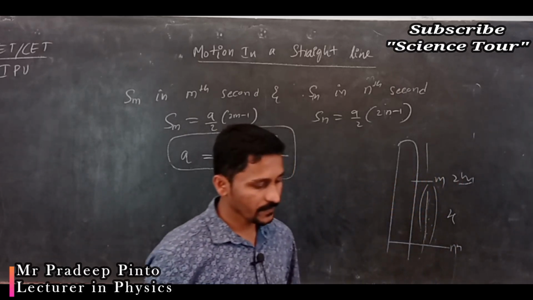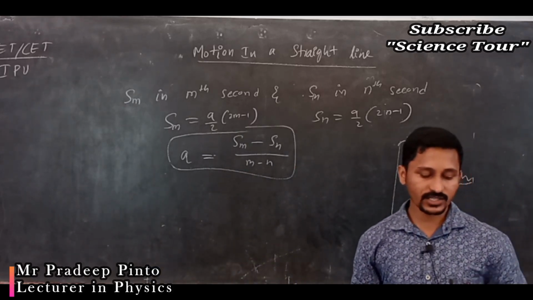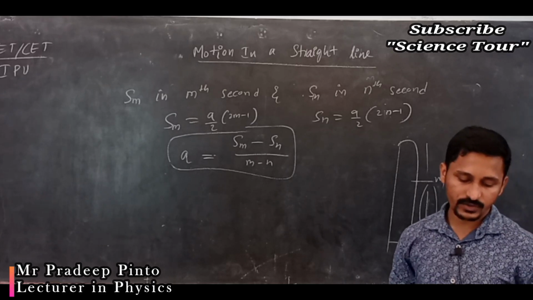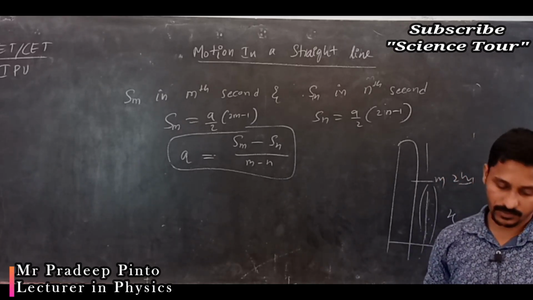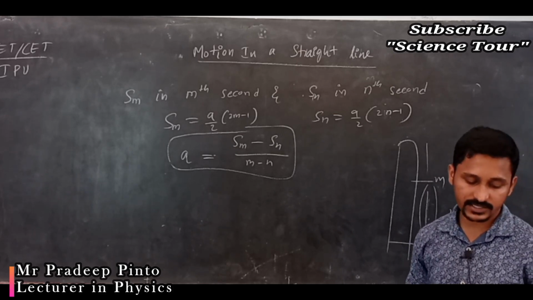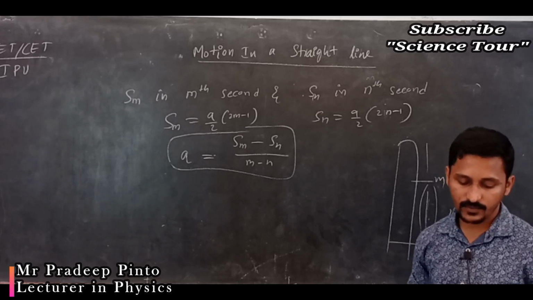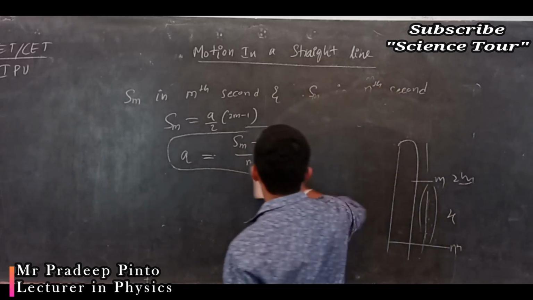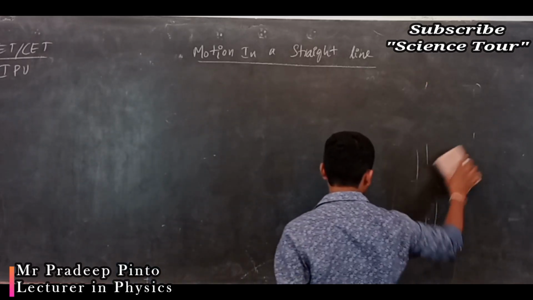Now suppose a body moving with uniform acceleration crosses a point x with velocity u and a point y with the velocity of v. There is a problem or one kind of statement, then it crosses the midpoint of x and y with the velocity of... so what is that? I hope you are listening.